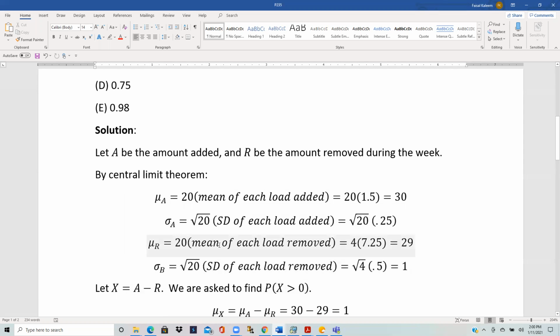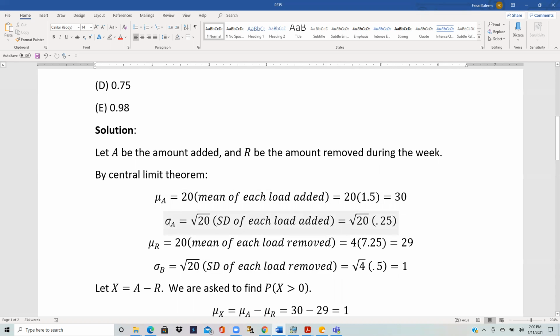We first start by working with the total amount added and the total amount removed. If A is the total amount added, since 20 loads are added and each load has a mean of 1.5, by the central limit theorem the mean of the total amount added will be 20 times the mean of each load, so 20 times 1.5, and that's 30.